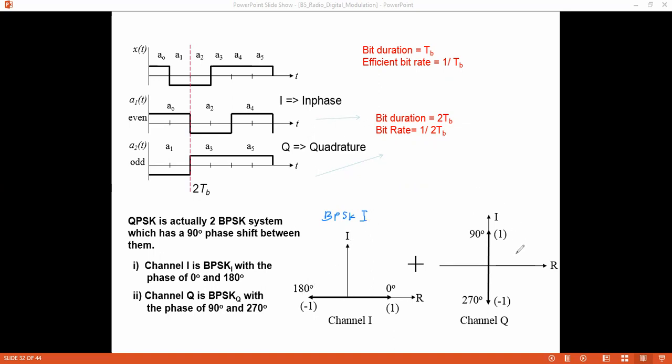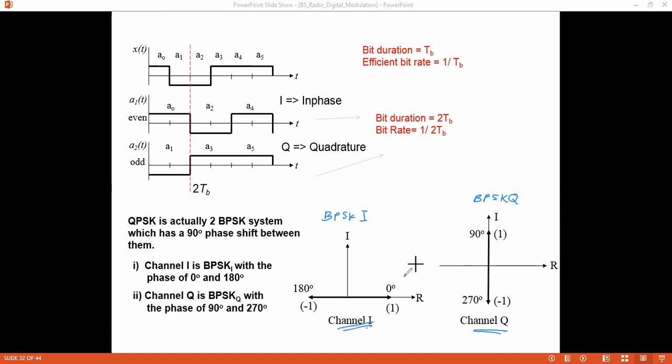And then BPSK Q, the difference between two phases is also 180 degrees, but the reference is from 90 to 270 degrees. So this is known as the quadrature BPSK channel, or channel Q, and this is channel I.